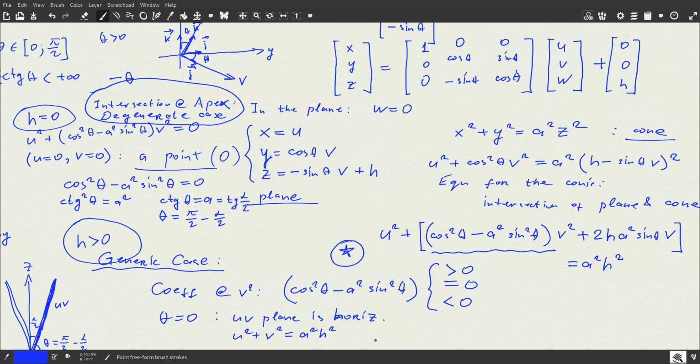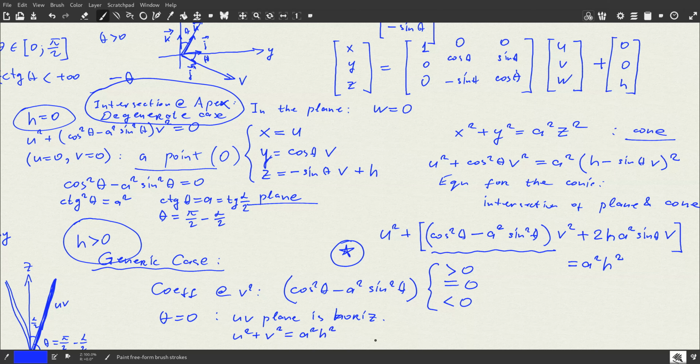Now we start increasing theta, increasing our inclination. In which case, cosine is decreasing, sine is increasing, but it is with minus here.